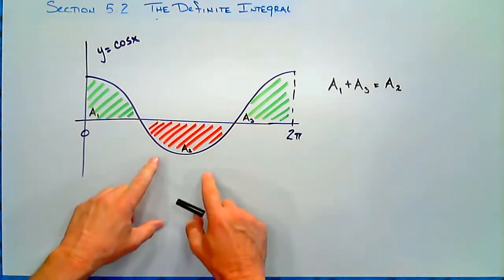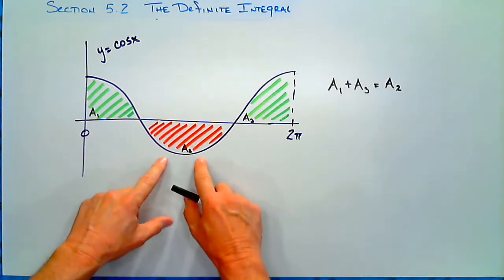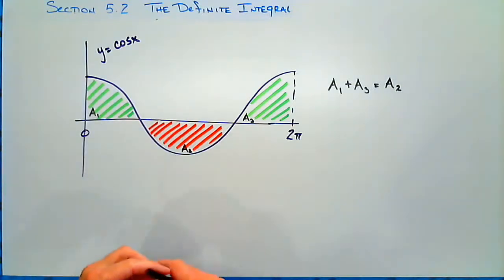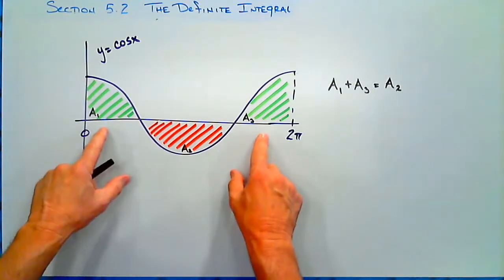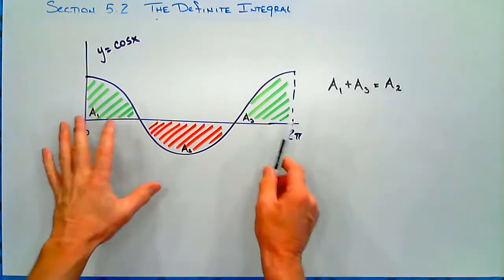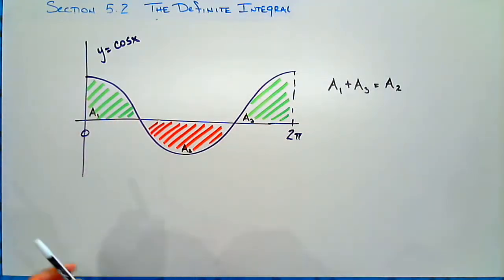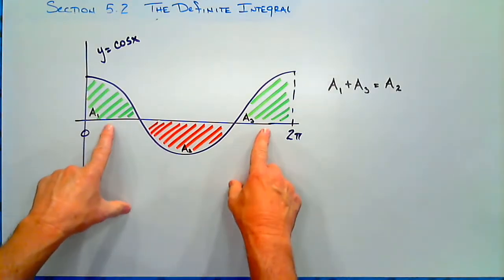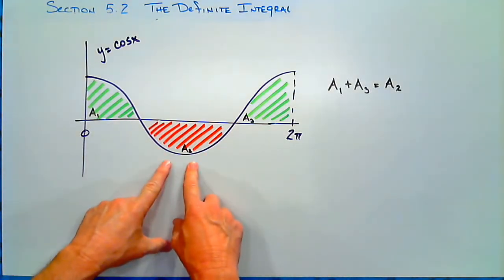We know that the area under the x-axis in one period of cosine is going to be the same as the area above the x-axis because of the symmetry. It may not be on my graph because I didn't draw it very carefully, but we know that to be true. So what are we going to do in calculus? How are we going to have a conversation then about the areas above and the areas below?